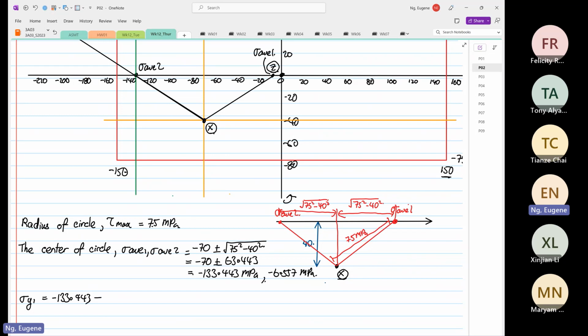And then you minus this distance again, right? Minus the square root of 75 squared minus 40 squared, because the distance from the center for stress X and stress Y has equal distance in terms of normal stress.